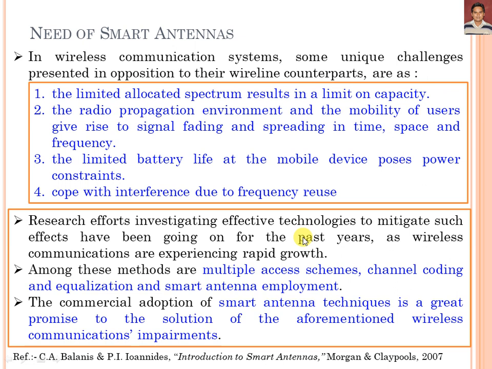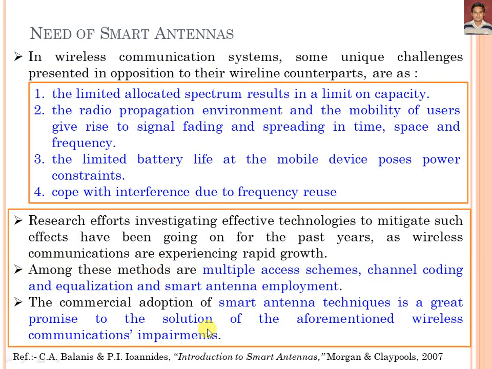Among these, researchers are working on different techniques, especially multiple access schemes, channel coding schemes, equalization schemes, and smart antenna employment. These are the four techniques that can be used in wireless communication systems. Here we are going to discuss smart antenna employment.